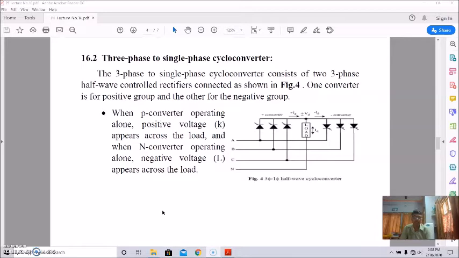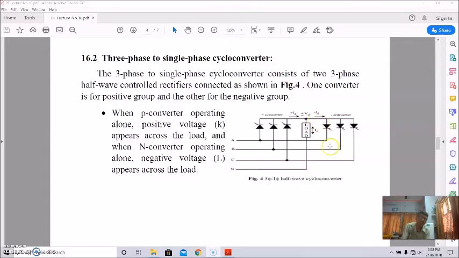So basically, three-phase to single-phase cycloconverter consists of two three-phase half-wave controlled rectifiers, as shown here. One converter is for the positive group and the other for the negative group. This is the positive group and this is the negative group. So this positive group will supply positive load current to this load, and the negative group will supply negative load current.